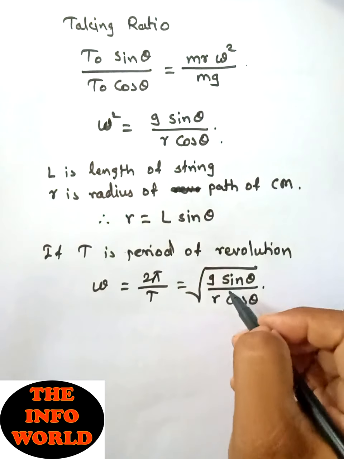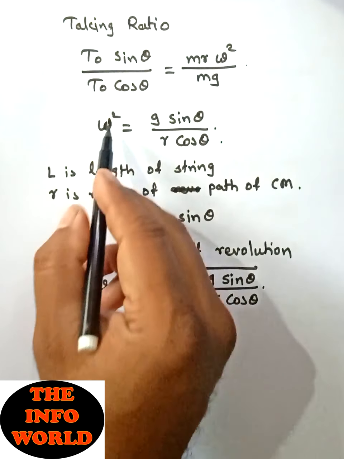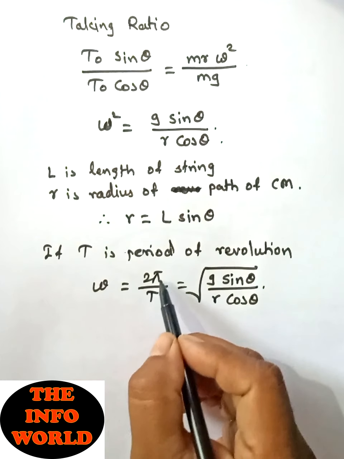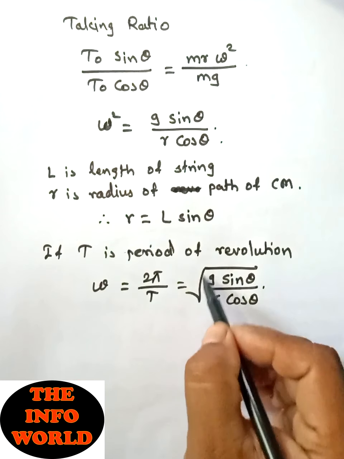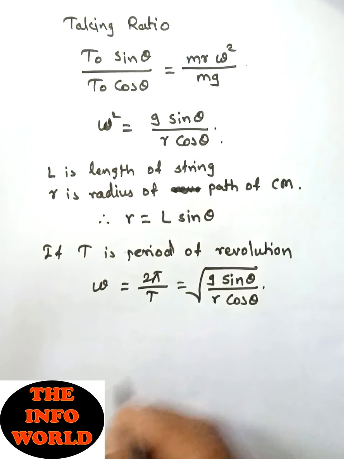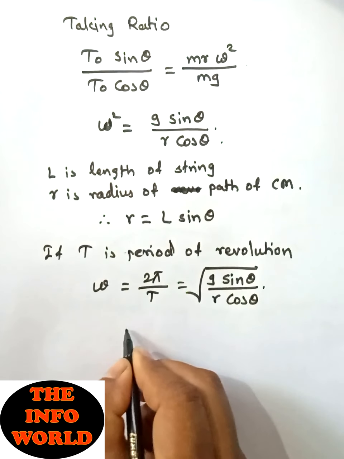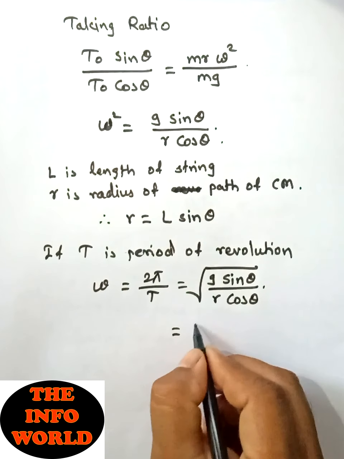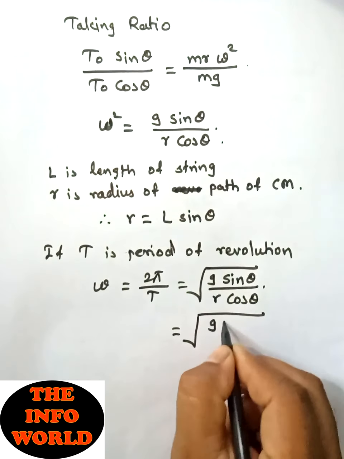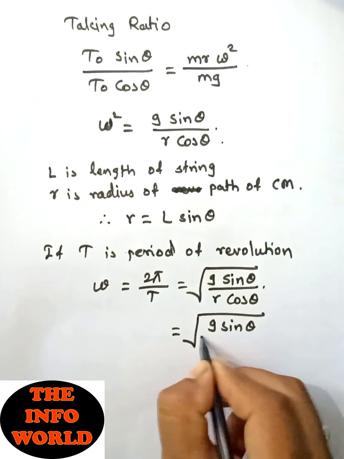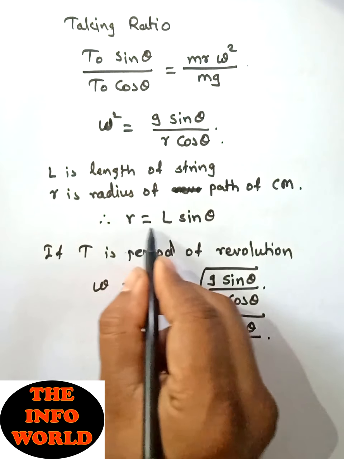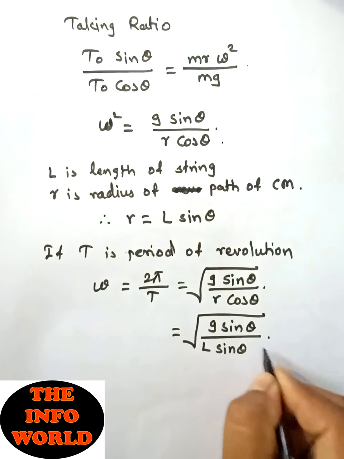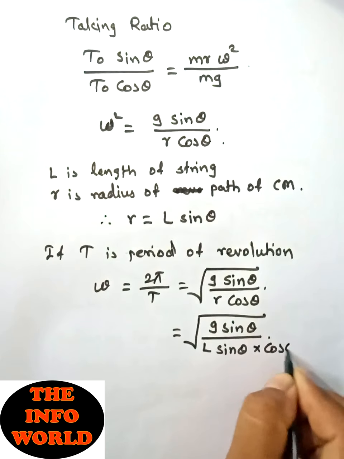From the equation we have written, omega square is equal to g sin theta upon r cos theta. So omega is equal to 2 pi by T, which is equal to under root g sin theta upon r cos theta. We can put the value of r, that is L sin theta, into the denominator with cos theta.